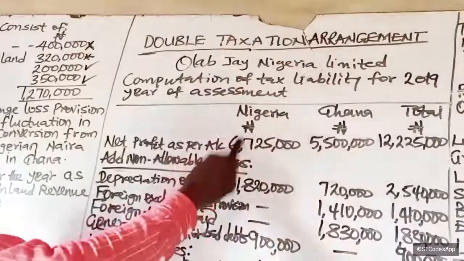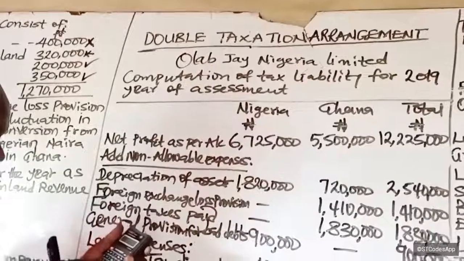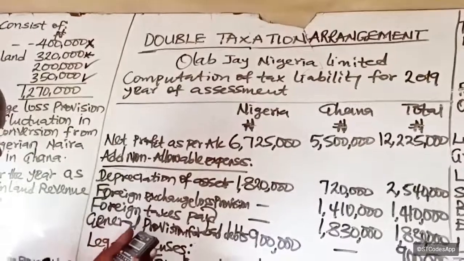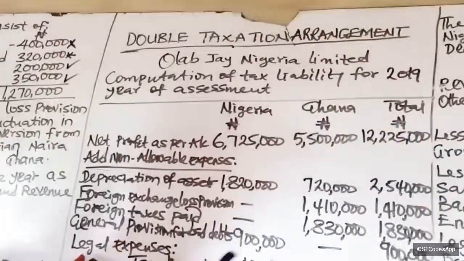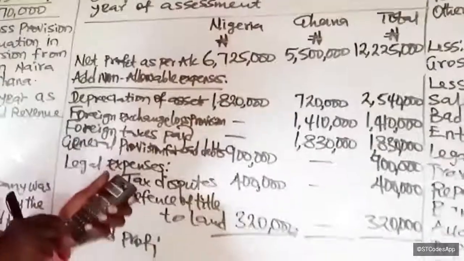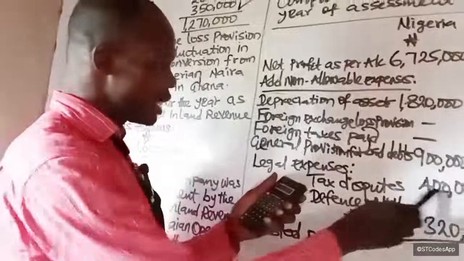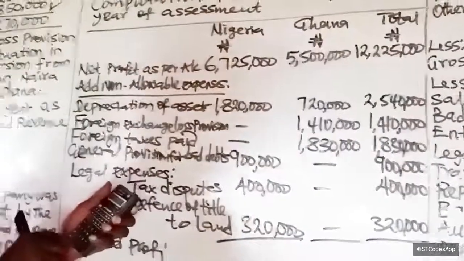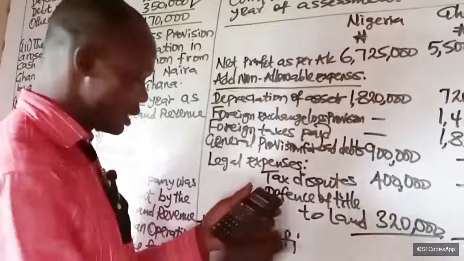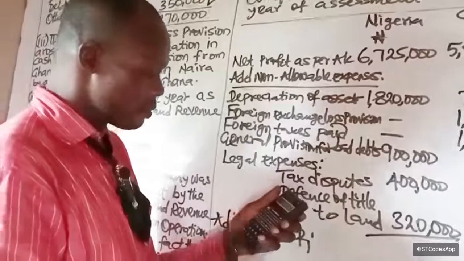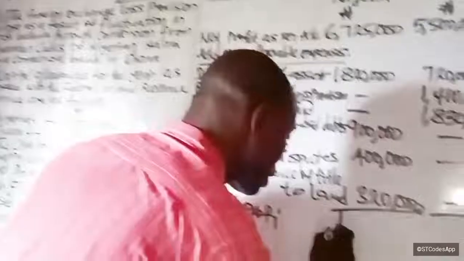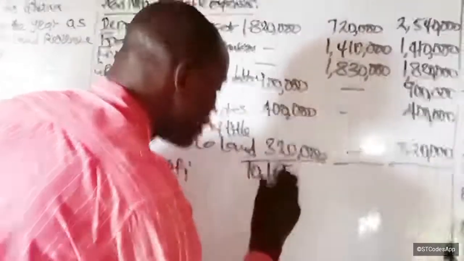For Nigerian operation, we have 6,725,000 plus 1,820,000 plus 900,000 plus 400,000 plus 320,000. So we have 10,165,000.